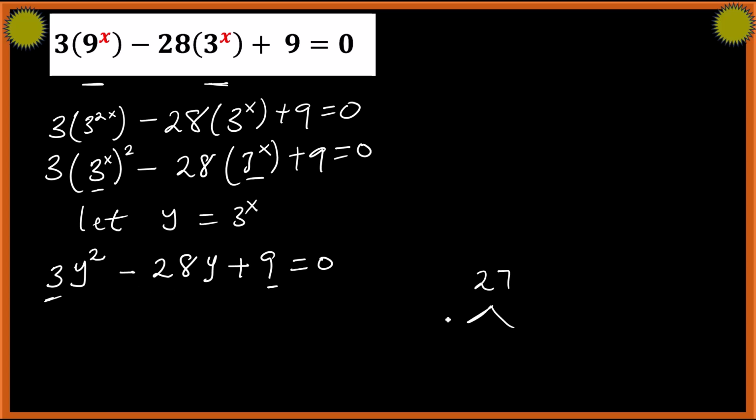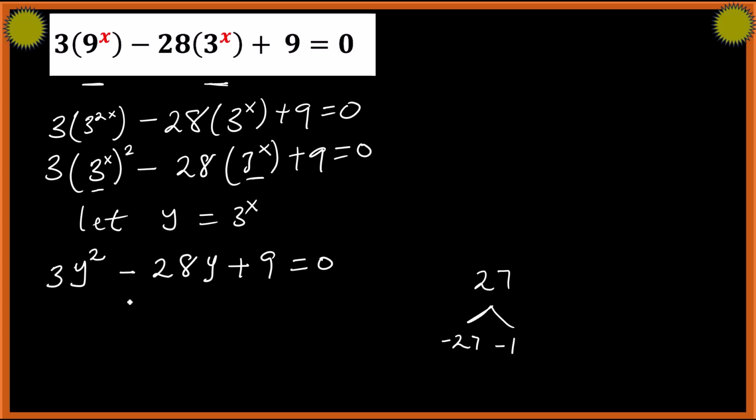So we know 27, then 1. So if I negate them, minus 27 times minus 1 gives us 27. Minus 27 plus minus 1 will give us minus 28. So I think we can use the factors as minus 27 and minus 1.